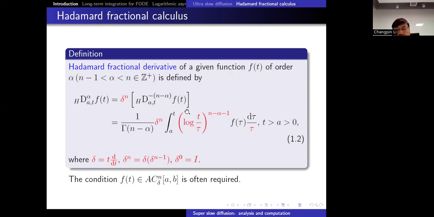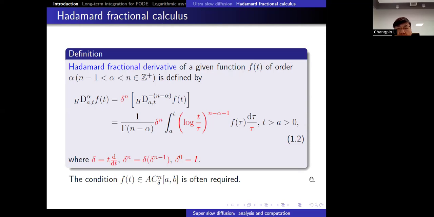This is the integral, and this is the differentiation, in the sense of delta, where delta is the derivative operator defined like this: delta, delta n, and delta 0. For this kind of derivative, we require f of t in this space, the space of absolutely continuous functions on this closed interval. This is just a sufficient condition.